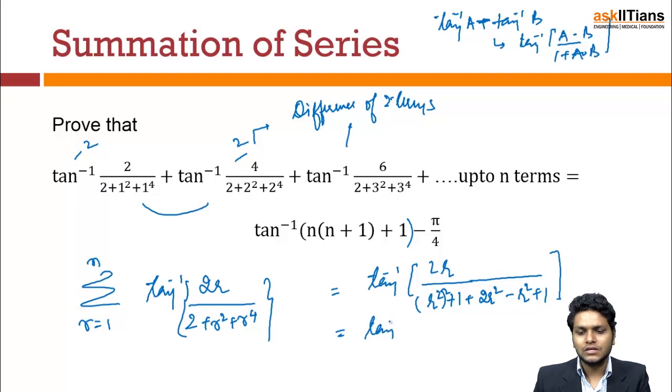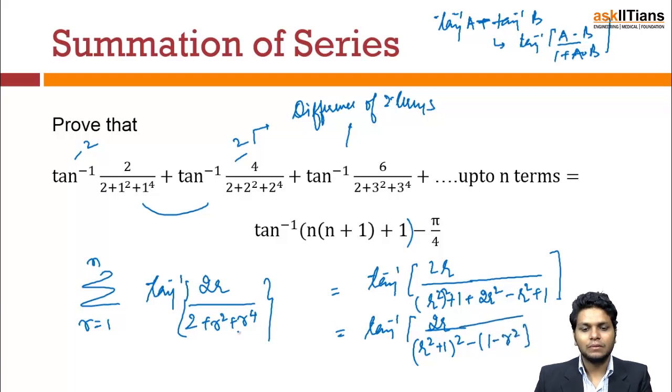So tan inverse, let's try to see, the numerator becomes 2r, in the denominator I'll have r square plus 1 whole square minus 1 minus r square, if I say it properly.